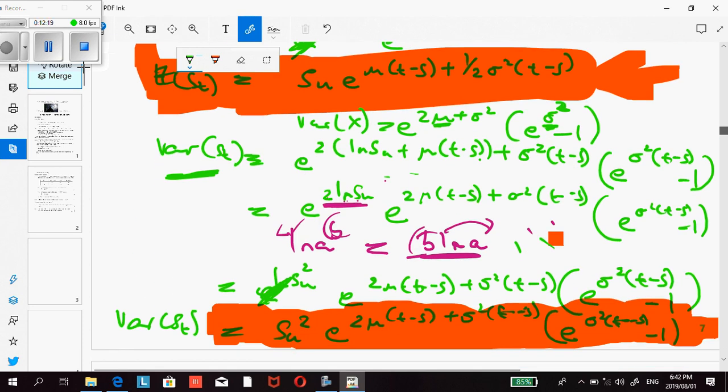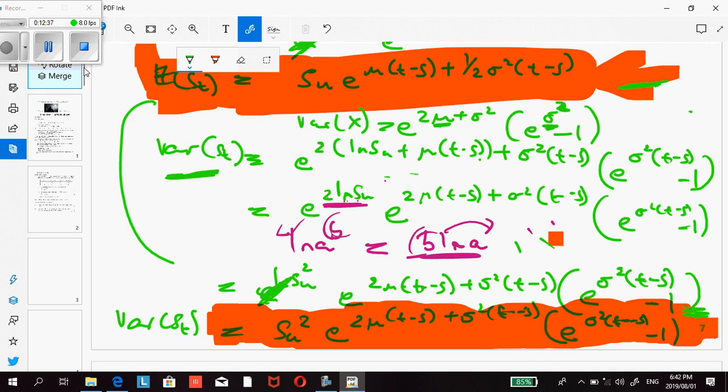So this is the derivation of your expected value in general from the initial time u to the final time t, and this is the variance for the initial time u and a final time t.